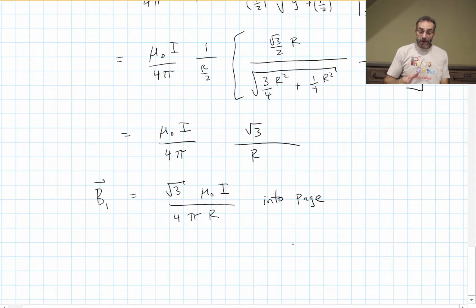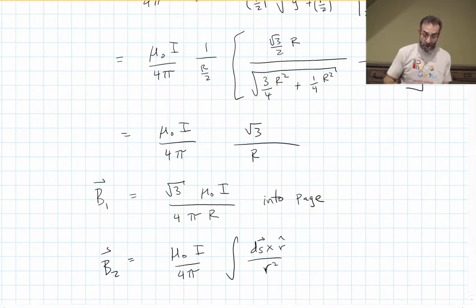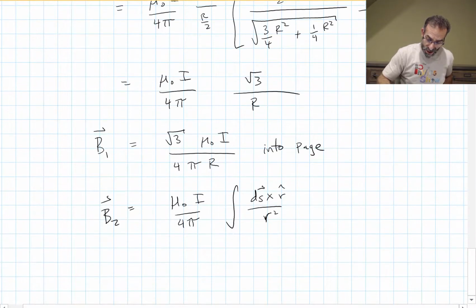Now let's do the curved segment, B2. Remember, for curved segments, this becomes a very simple integral to evaluate because ds and r hat are perpendicular to each other. So ds cross r hat is just ds, and r is a constant.